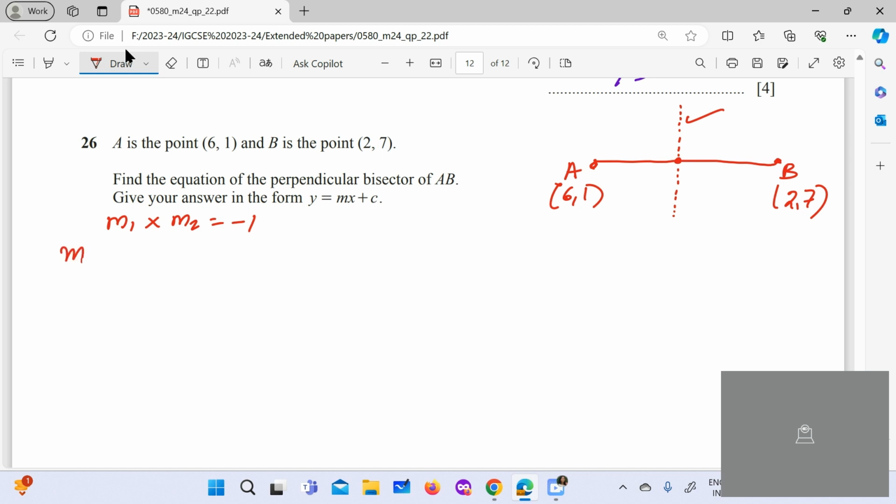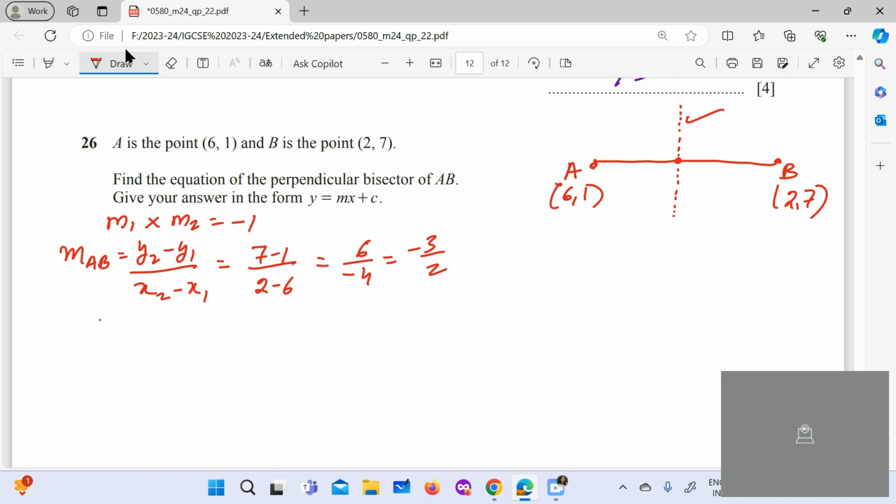M1 is nothing but the gradient of line AB. The gradient of line AB will be (y2 minus y1) upon (x2 minus x1). So we will write (7 minus 1) over (2 minus 6), that will be 6 over -4, which we can write as -3 over 2. So the gradient of line AB is -3 over 2.